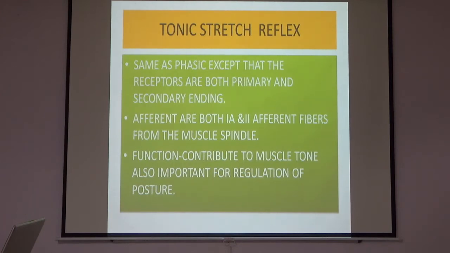In phasic stretch reflex, the efferent was 1A fibers. The function of the tonic stretch reflex is that it contributes to muscle tone and is also important for the regulation of posture.